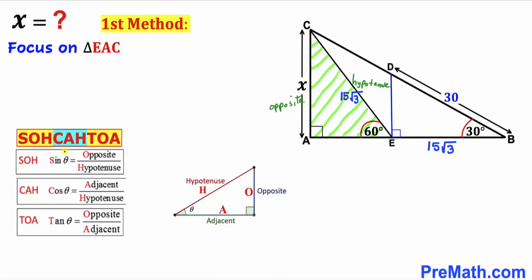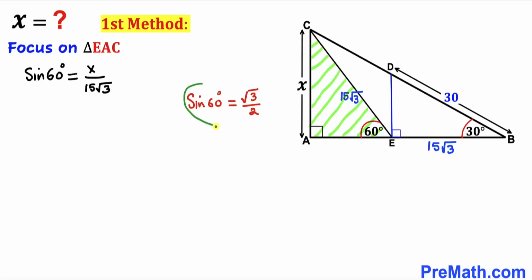So sine of 60 degrees is equal to x divided by 15 times square root of 3. And we know that sine of 60 degrees is square root of 3 divided by 2.